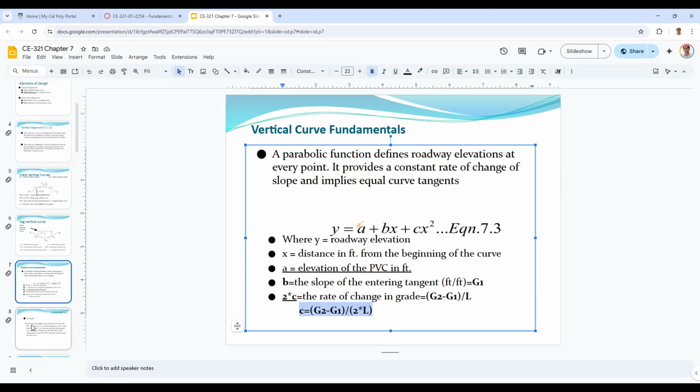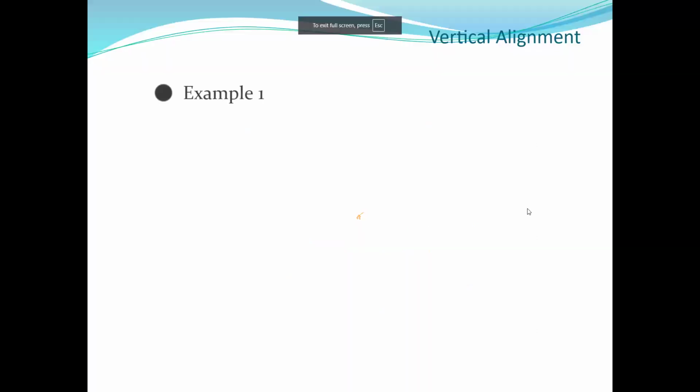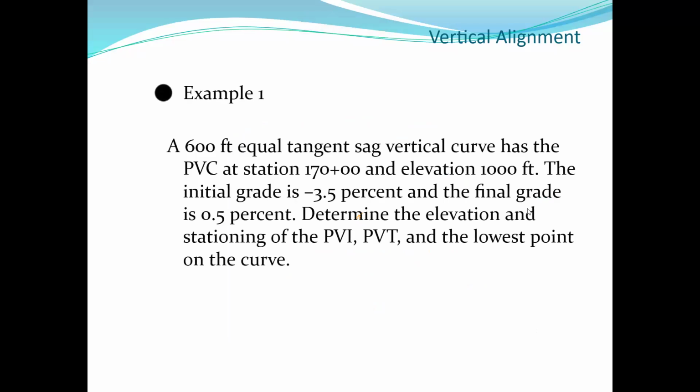So let's see one example here and try to solve it. The problem we're trying to solve is a 600 feet equal tangent sag vertical curve.